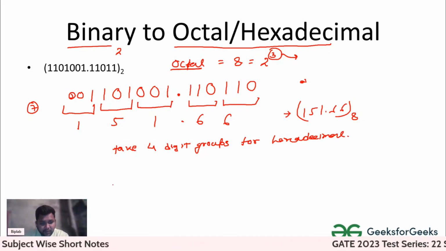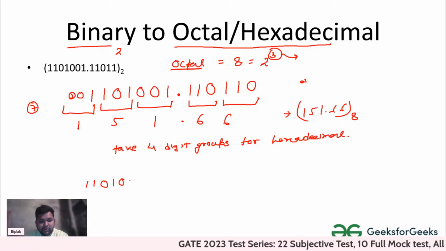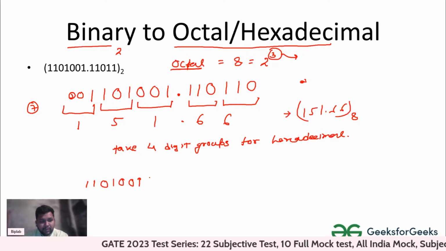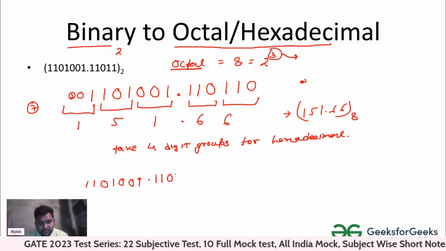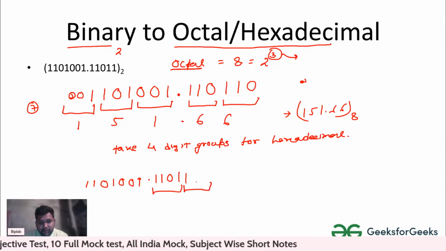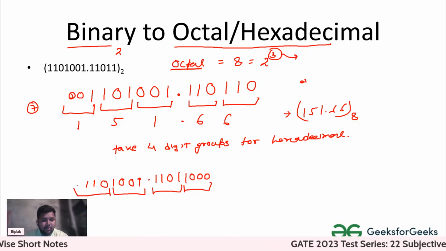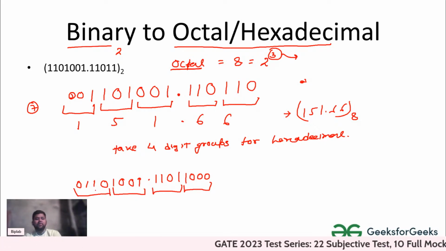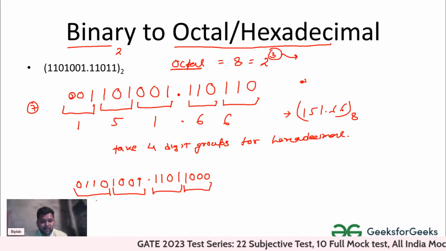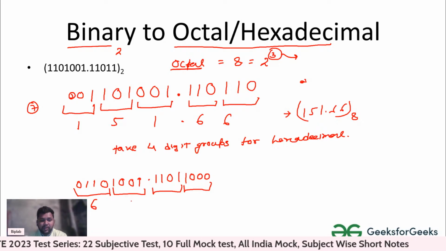So let me do it quickly. If you have any confusion, you can comment. So take this 4, take this 4. There is no digit, add zeros. Take this 4 digit and also the last. Now convert it digit by digit. This is 6 and this is 9.